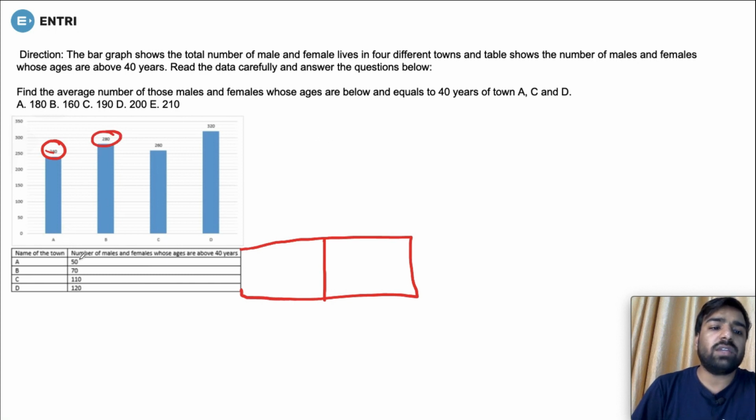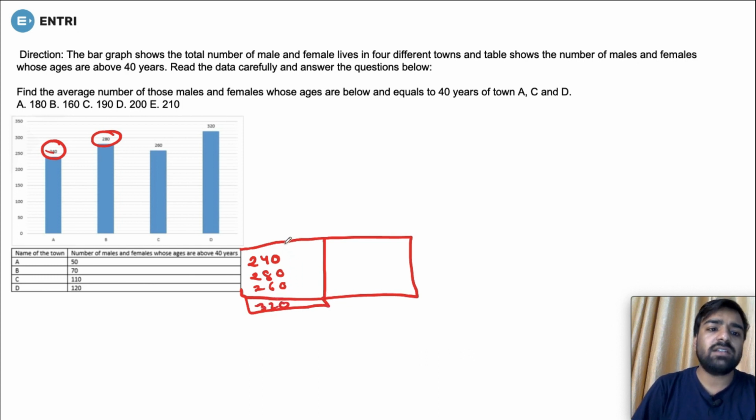For town A the total number given is 240. Then for town B it is 280, for town C it is 260, and for town D it is 320.